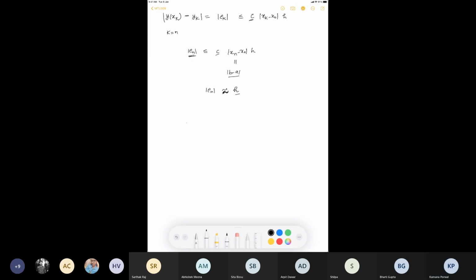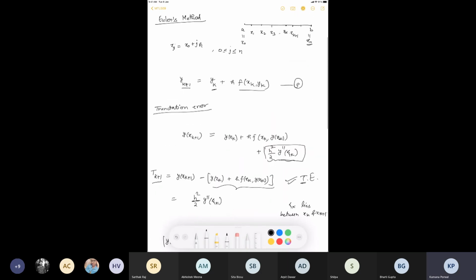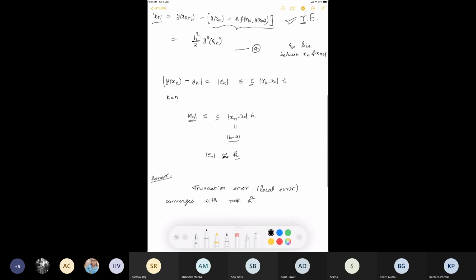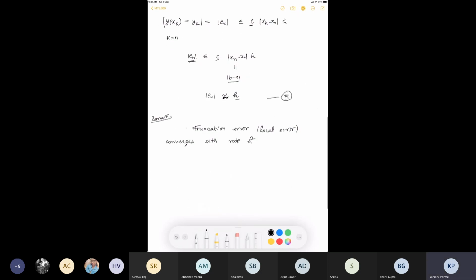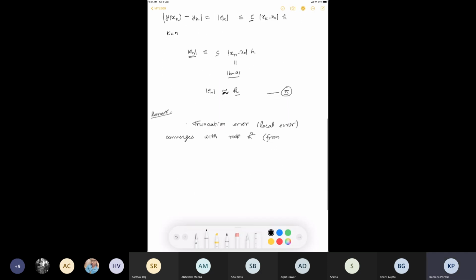The truncation error, which is a local error basically, converges with rate h square, which you can observe from this equation. So if I label this as 4 and this as 5, you can observe it from equation number 4.